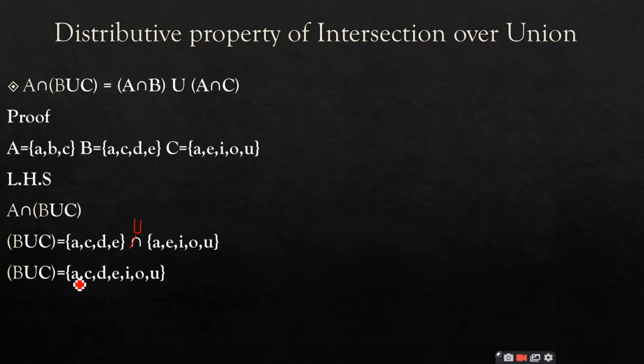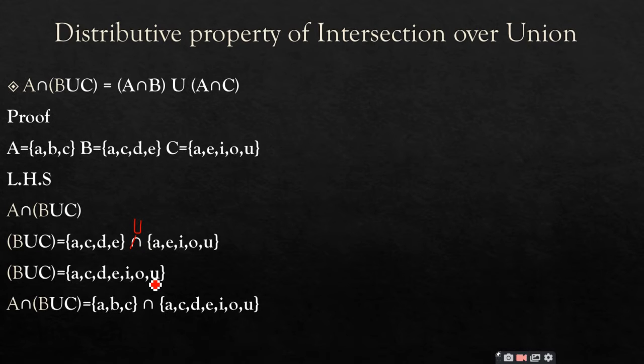So the answer of B union C is A, C, D, E, I, O, U. Now we have to find A intersection (B union C), and for this we just write the set A elements, then intersection, and then the answer of B union C. And in an intersection set we just write the common elements. So the common elements are A and C.